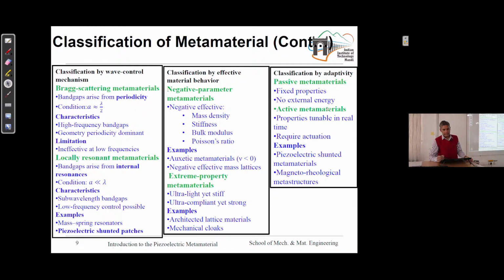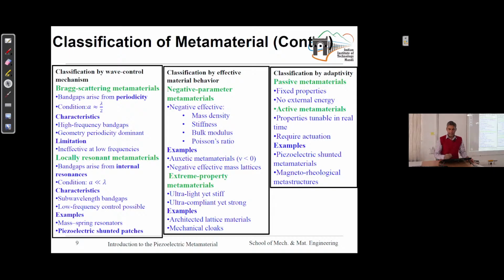However, in active metamaterials, we can change rho according to our requirement. Though we have made the metamaterials, we can still change them while the system is operating. For example, in the case of piezoelectric material, because piezoelectric materials can be tuned with the help of external voltage.